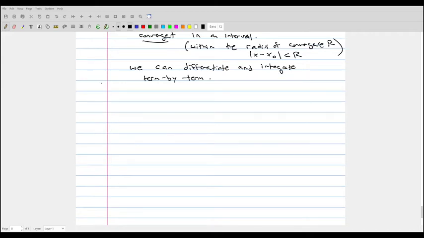So for example, we'll do two examples. We'll do an example where we differentiate term by term, and we'll do an example where we integrate term by term. So if you consider the function 1 over 2 minus x, this is the same thing as the function 1 over 1 minus (x minus 1), which is the same thing as the power series from k equals 0 to infinity of (x minus 1) to the k.